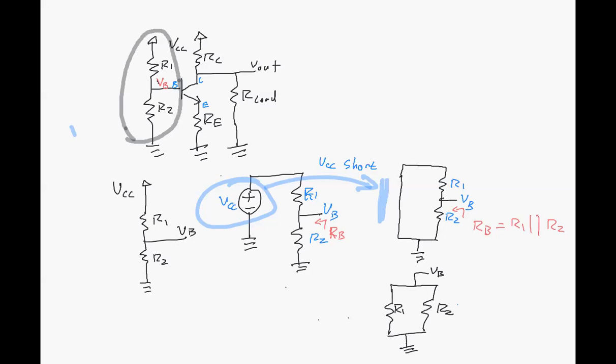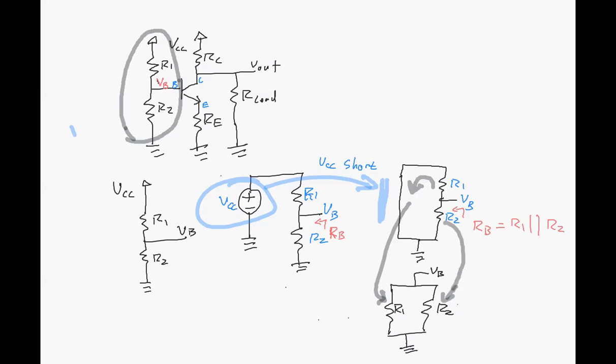All I did was slide R1 over here, so that now you have R1 here and R2 is there, but they're clearly in parallel, and we have an equivalent resistance, so we could just replace it that way. And then we need the voltage, and this is just a divider, right? So R1 and R2, let me just draw that in there. VB is equal to R2 over R2 plus R1 times VCC, because that's a divider.